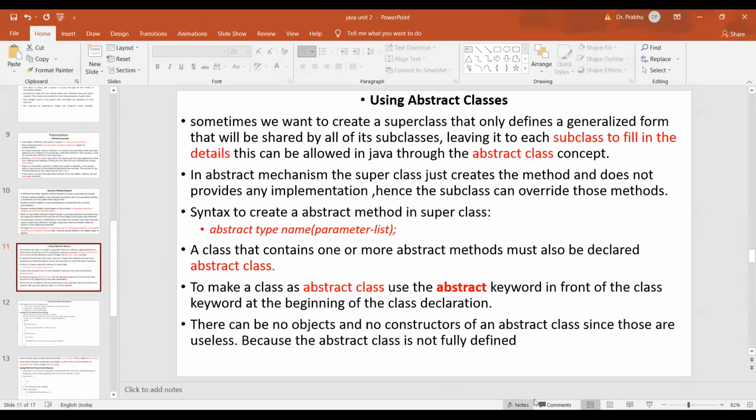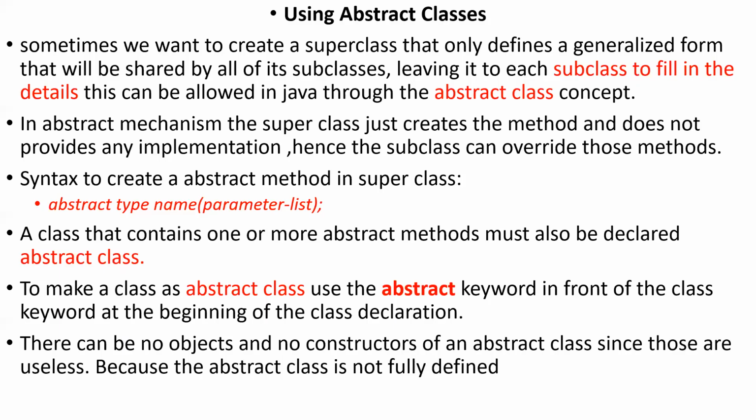Okay, abstract class. I hope you are not having any doubts. What is abstract class? It contains one or more abstract methods. If it has at least one abstract method, then you must declare that class as an abstract class. So this is important.